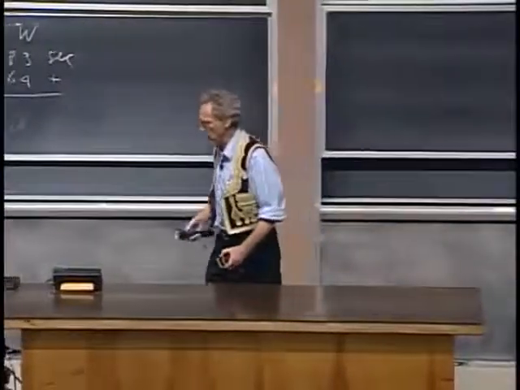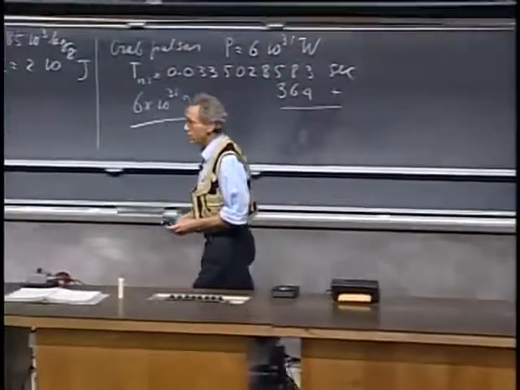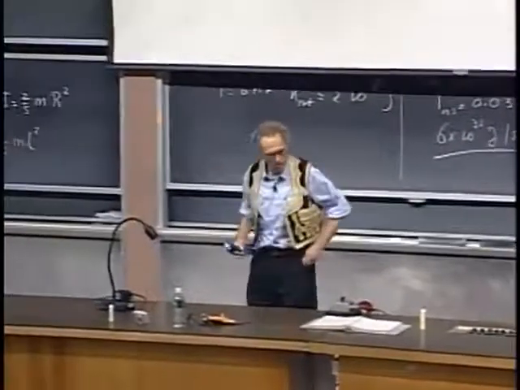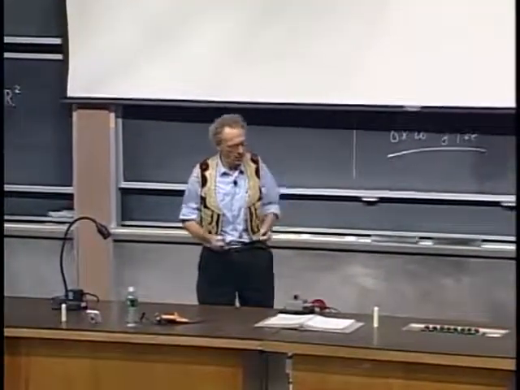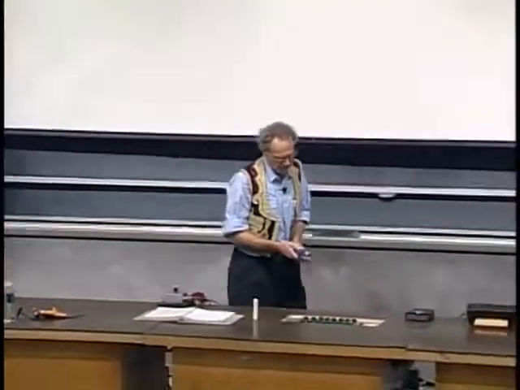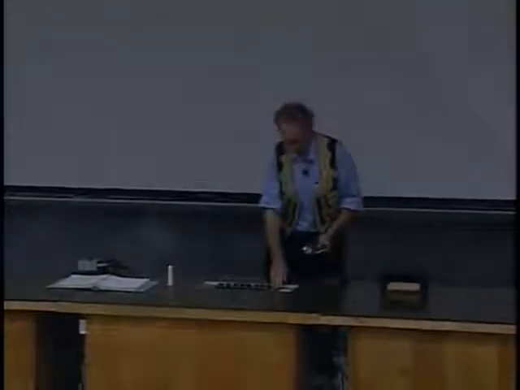Now I need a flashlight. I need my laser pointer. I need a lot of stuff. Okay, there we go. So I'm going to make it dark. You ready for that? Okay, if I can get the first slide.